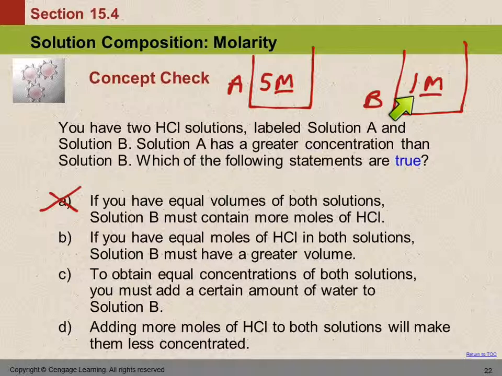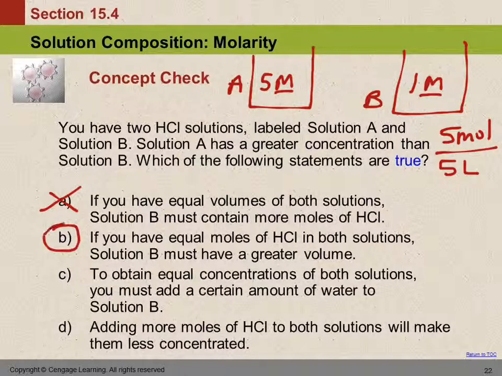If the concentration is less than this one, how could that be true? The volume must be larger, right? Because if we took 5 moles and we wanted to have 1 mole per liter, we'd have to divide this by 5 liters, right? And then we get 1 mole per liter. So this one is true then.